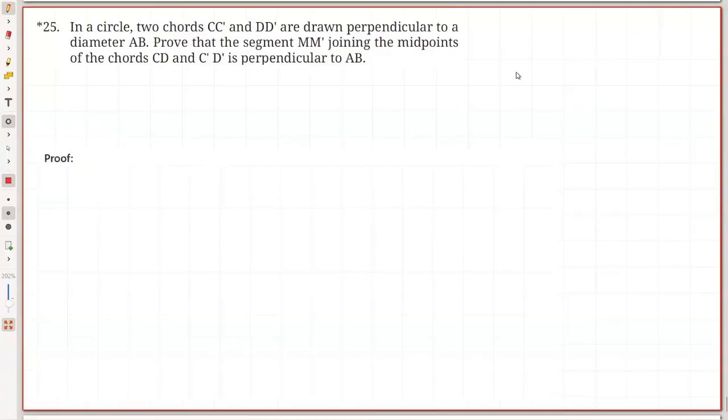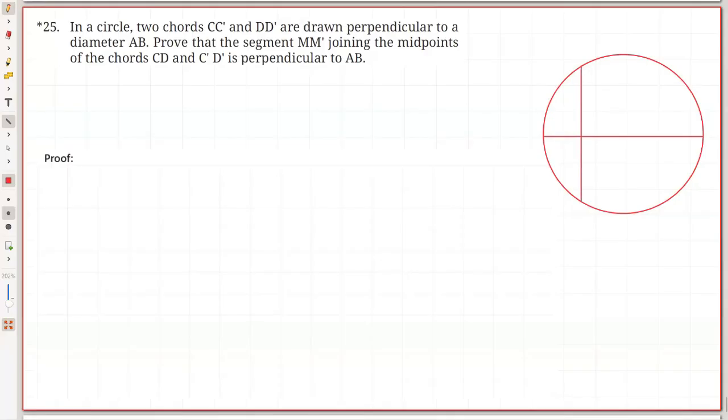So I'm just taking a circle. In the circle, two chords are drawn perpendicular to the diameter AB. First I draw the diameter, this is AB. Then I draw two chords: this is one chord, and I'm taking one more chord.